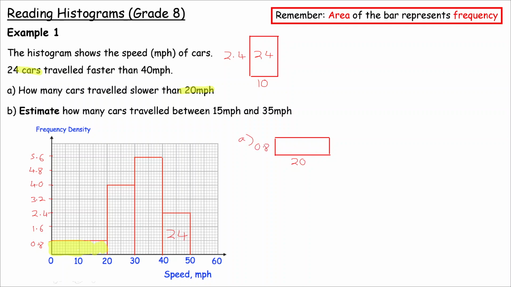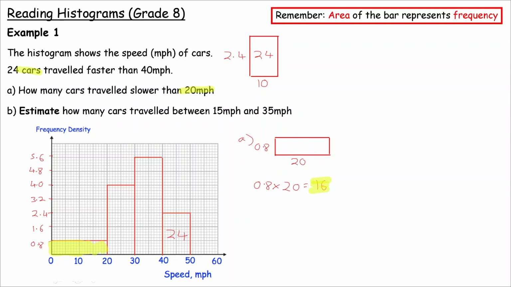Remember, area of the bar is frequency. So 0.8 times 20 is equal to 16 cars. 16 is your answer for part A.